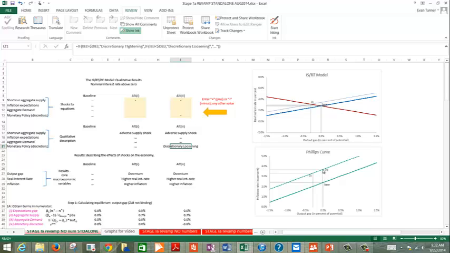Once inflation has gone up, these sticky expectations will stay up, and this means that at some point in the future, the central bank will have to raise interest rates even more to bring the inflation rate back down. So in that sense, this is a much more difficult situation for the central bank than might initially appear.